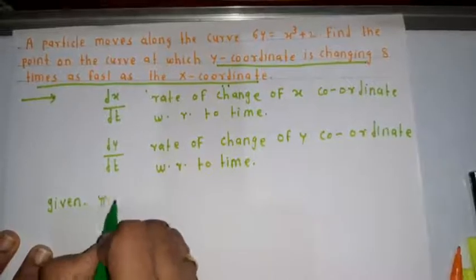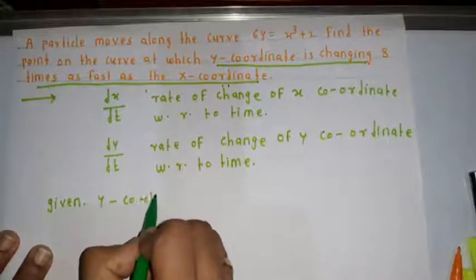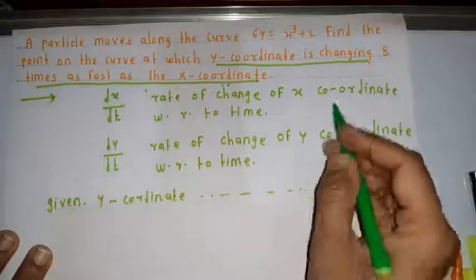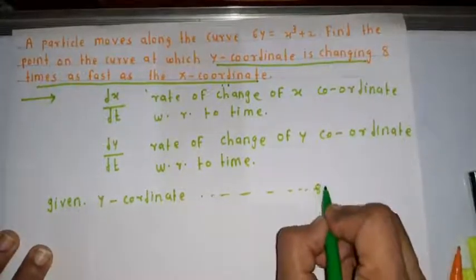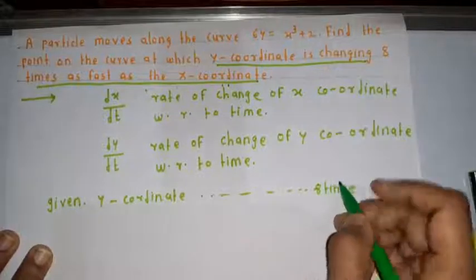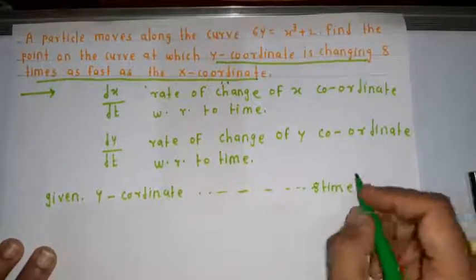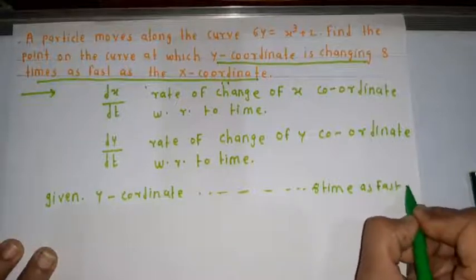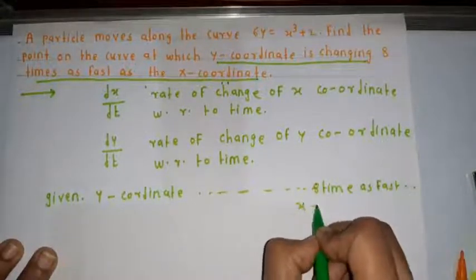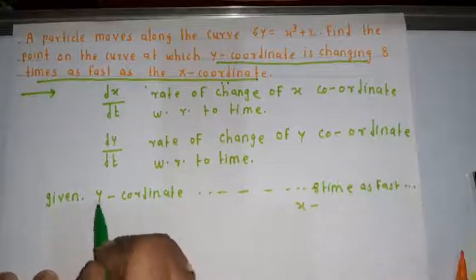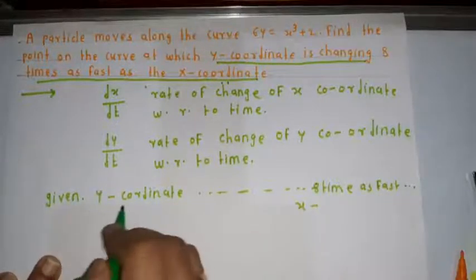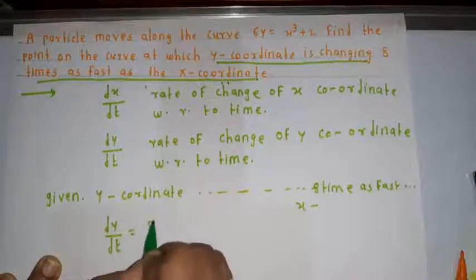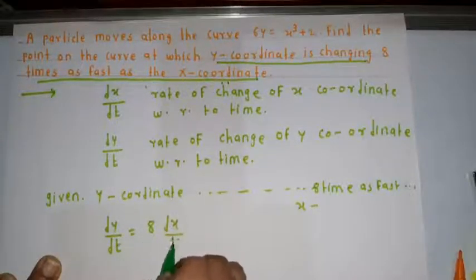So here the y coordinate is changing 8 times as fast as the x coordinate, and that means from the given we can write dy by dt equal to 8 times dx by dt.